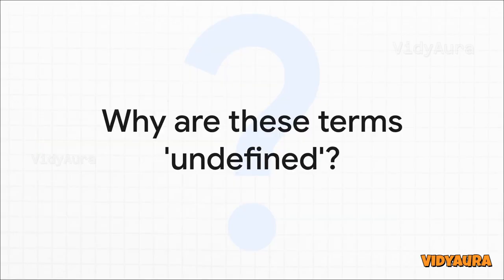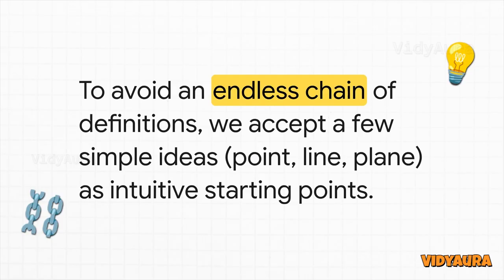Okay, but wait a minute. This brings up a really common question, and it's a fantastic one. If Euclid is giving us all these definitions, why do mathematicians today call these undefined terms? It sounds like a contradiction, right? Well, here's why. If you try to define every single word, you get stuck in an endless loop. Think about it.